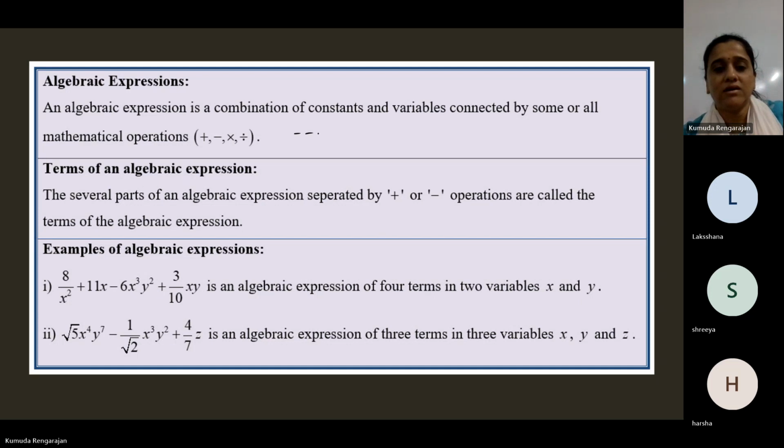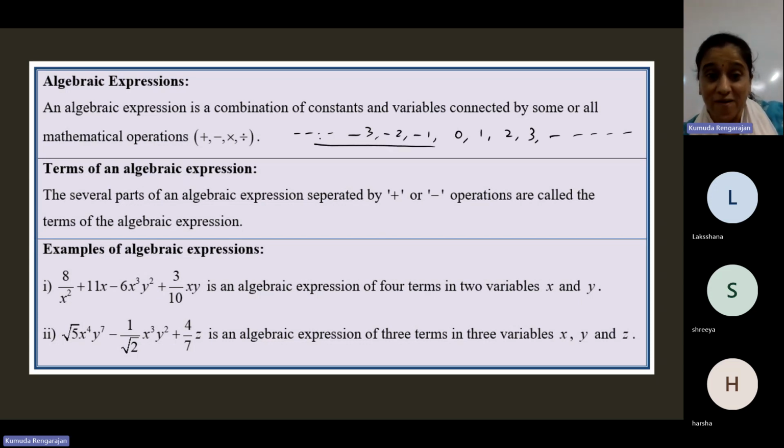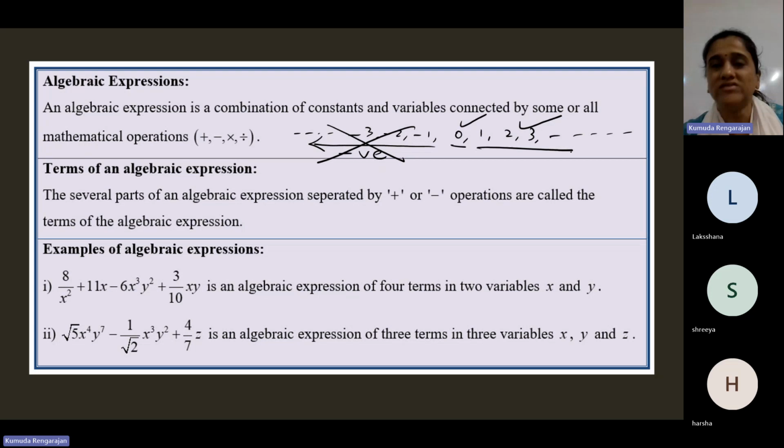See, -3, -2, -1, 0, 1, 2, 3, and so on, right? These are whole numbers, very good. So these are negative integers, right? It should not be negative, meaning it should not be this part. So then it can be this or this. So it can be 0 or positive.